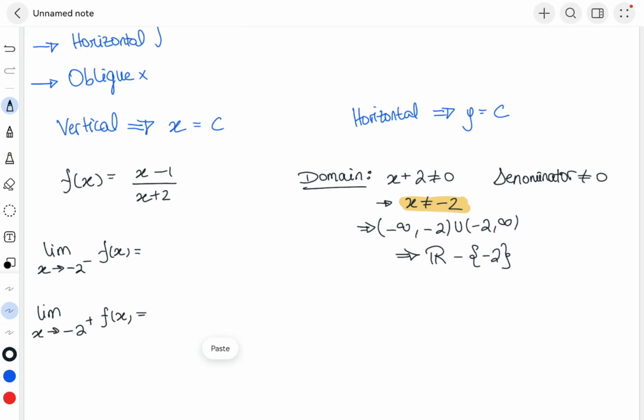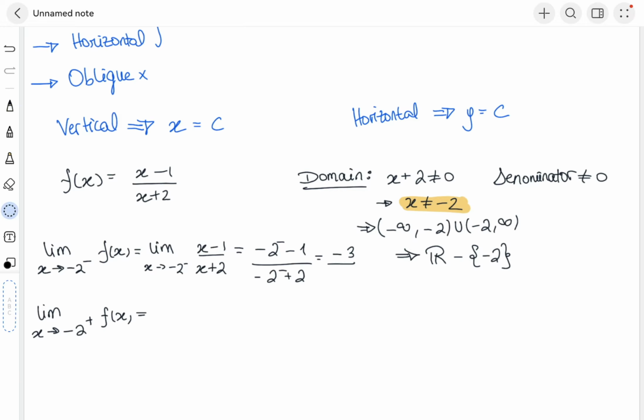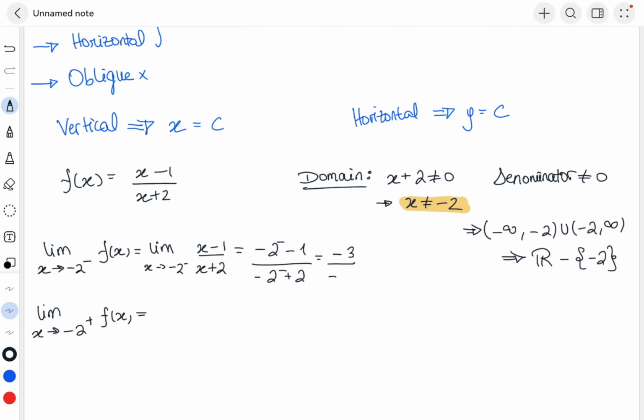So we have the limit as x tends to negative 2 minus of x minus 1 over x plus 2. Replacing, we'll have negative 2 minus 1 over negative 2 minus plus 2. Negative 2 minus 1 is negative 3 over negative 2 minus plus 2, which means we'll have 0 minus, because we have the negative sign. Now negative over negative will become a positive, which means 3 over 0 plus, and any number over 0 is infinity.